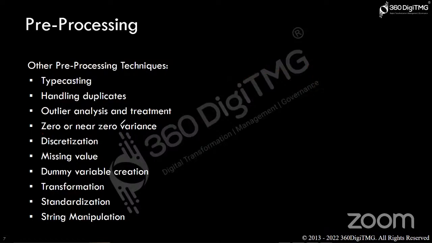Next is discretization. This is a method in which we convert continuous values into a discrete form. In some of the models, we need to do this. If these values are not that important, we can discretize them and use them.